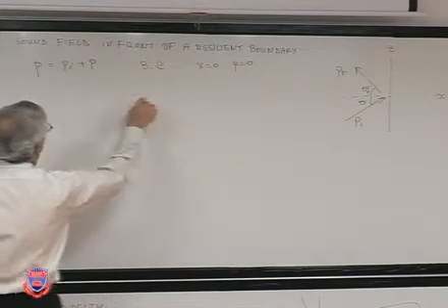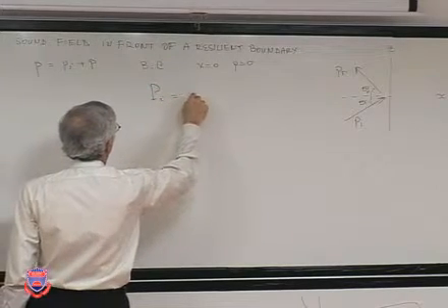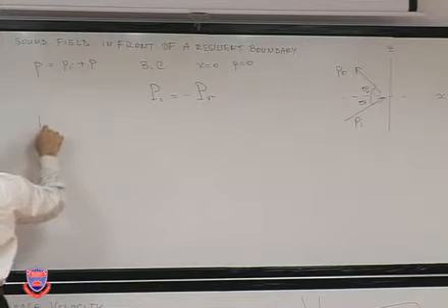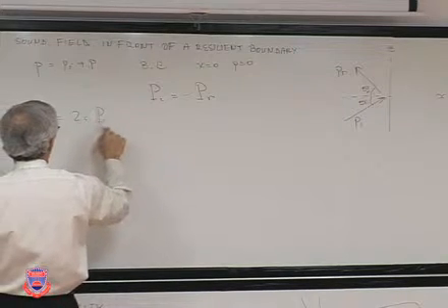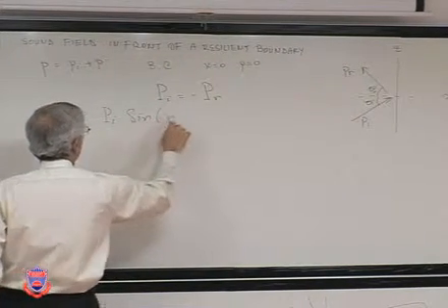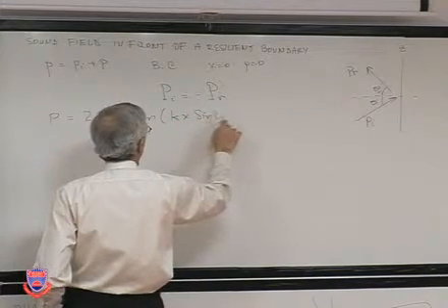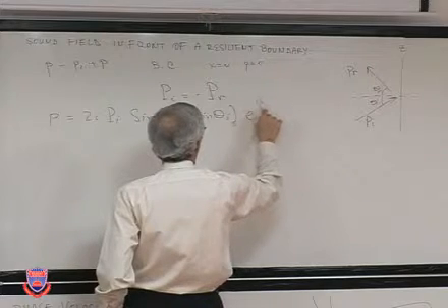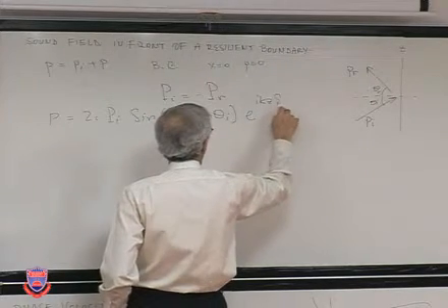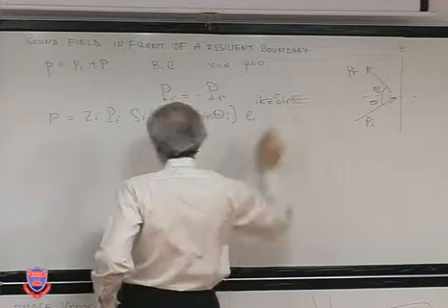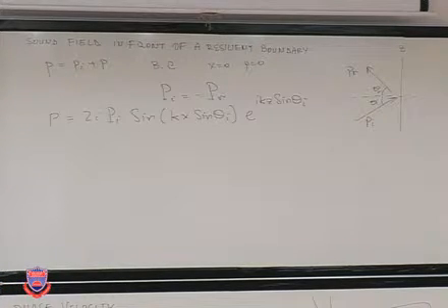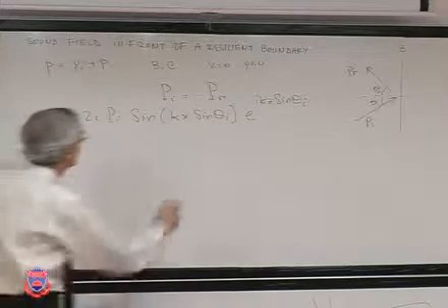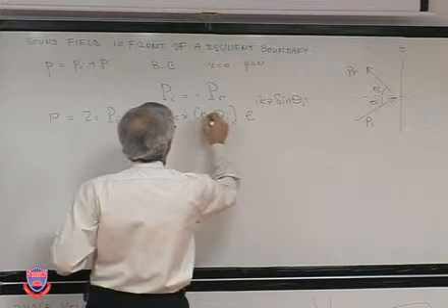And in this case, we can write the expression as 2i pi sine x, always cosine theta.